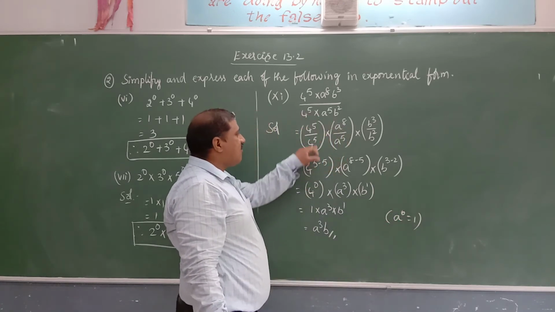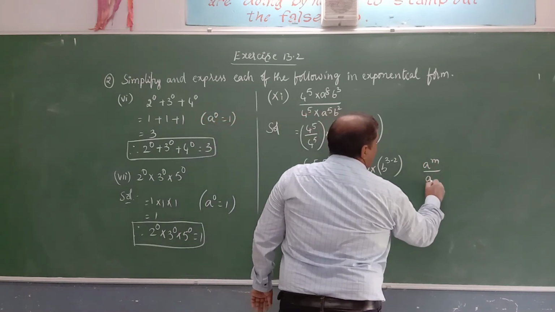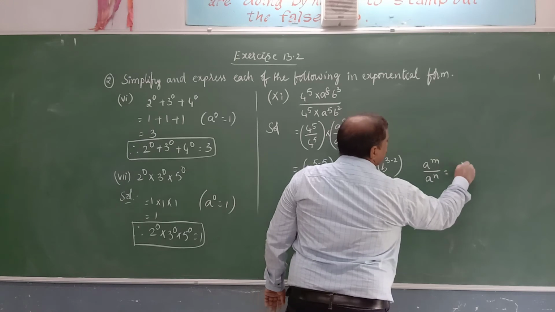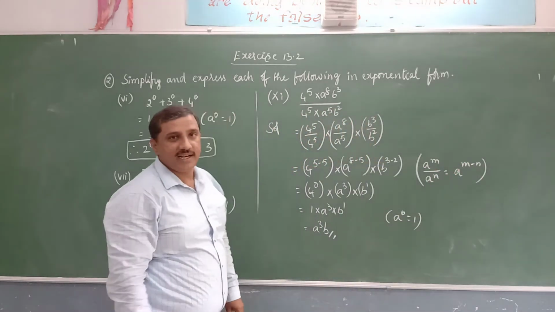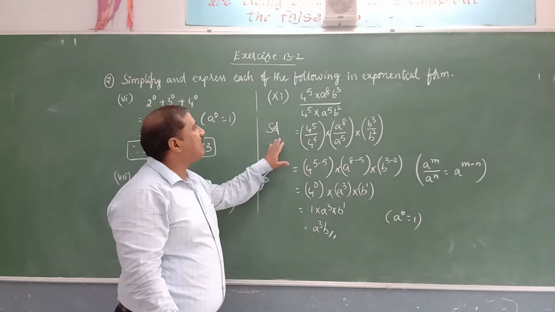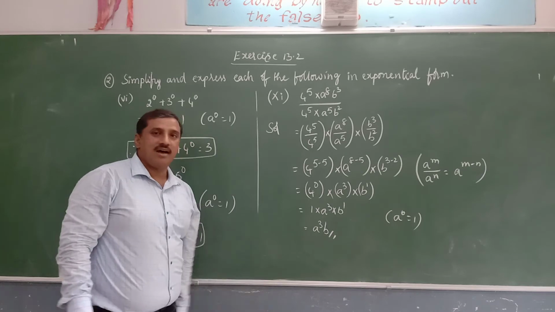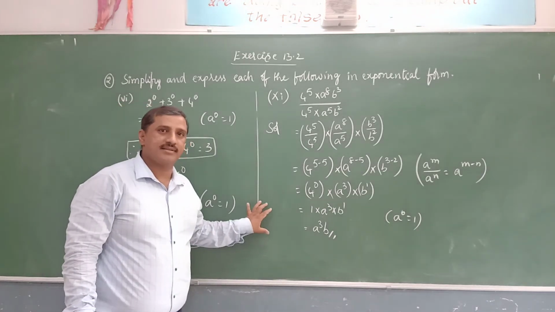And here what law did we apply? Second law of exponent, that is a to the power of m divided by a to the power of n is equal to a to the power of m minus n. Like this, we will apply the suitable laws of exponents and solve the sums. We will write the answer in the exponential form. Is it clear, children? Yes.